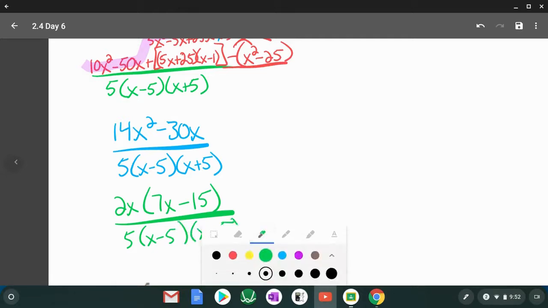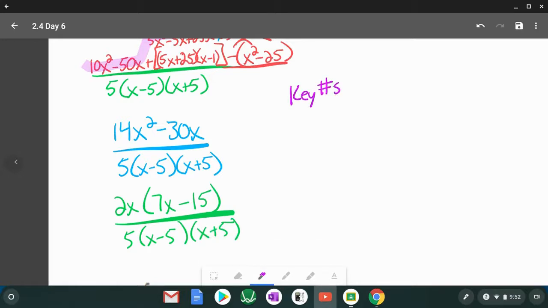We have our key numbers being 0. Do not forget that it is part of our factor. 2x equals 0, so 0. 15 over 7, which is just over 2, and then 5 and negative 5.